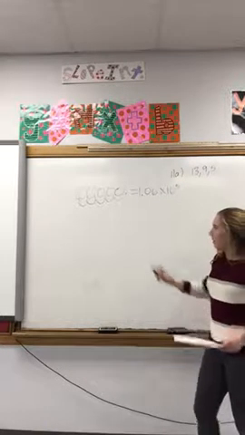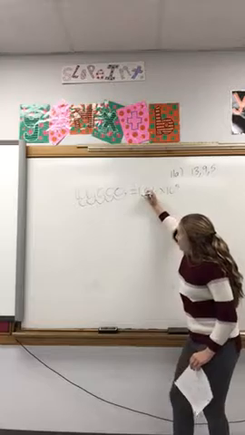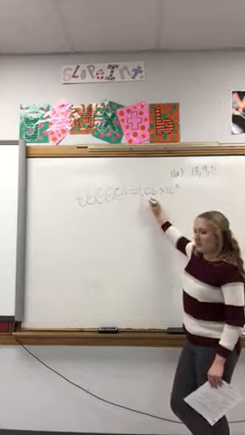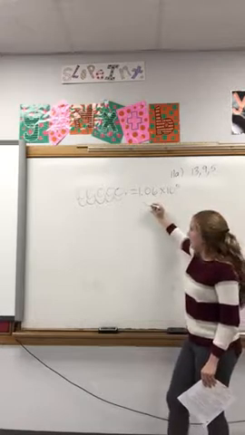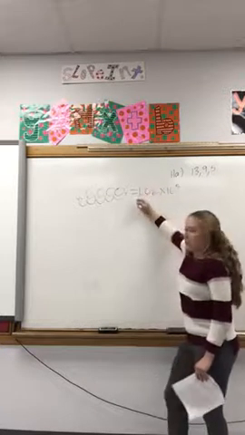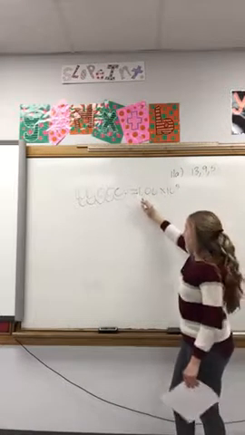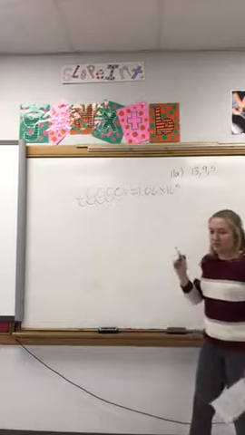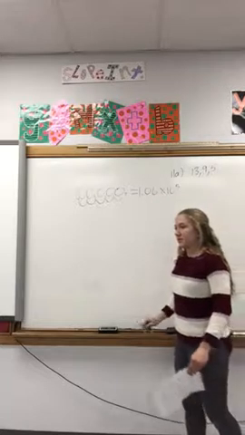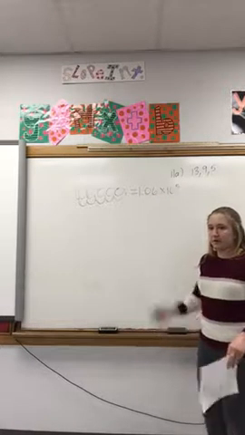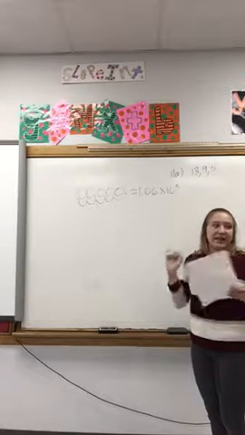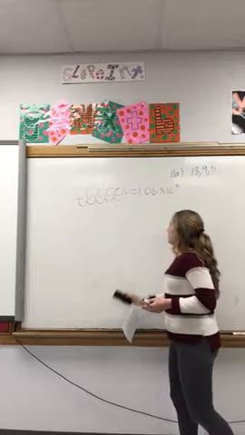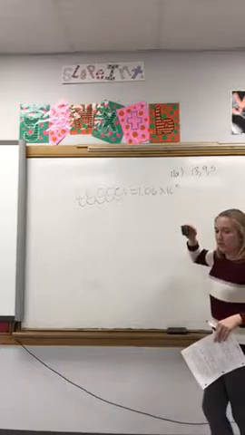It's not 106 because this number has to be under 10. But it can't be under 1. So usually there's only one number in front of the decimal, and it doesn't matter how many are afterwards, but there has to be one in front of the decimal that's above 1. It can be 1, but it just can't be under 1, and it can't be over 10.